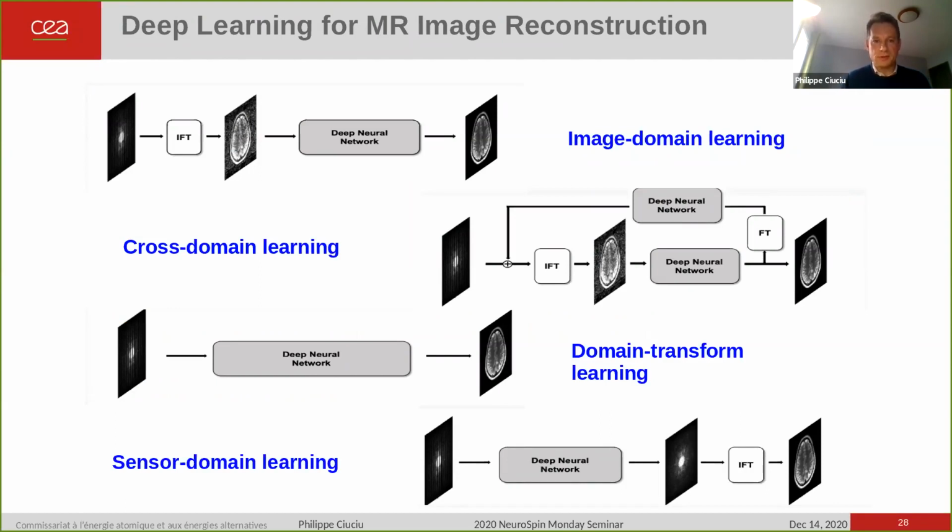solution for image reconstruction. And here is a summary of the whole range of possibilities of deep learning networks for MR image reconstruction. Some of them start with basic image reconstruction and operate in the image domain only. Others operate in the sensor domain only, the K-space.